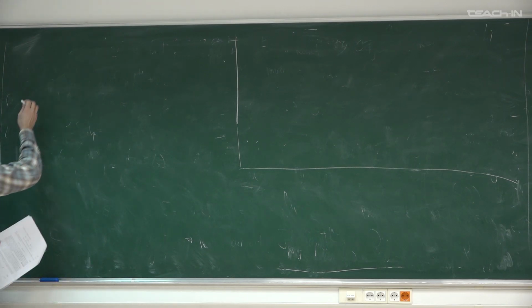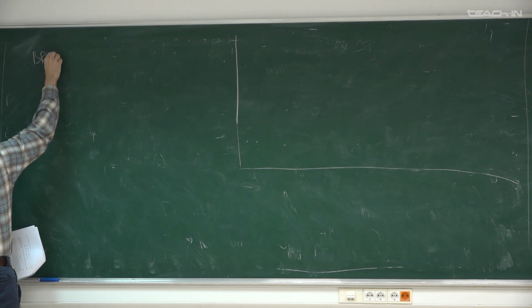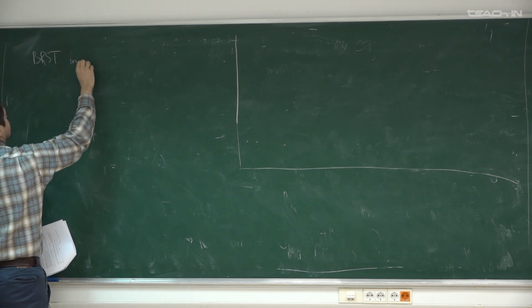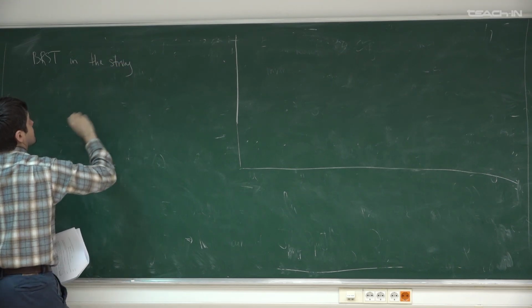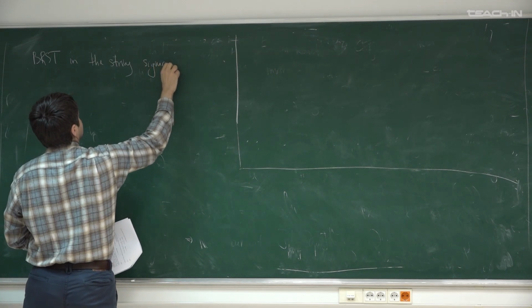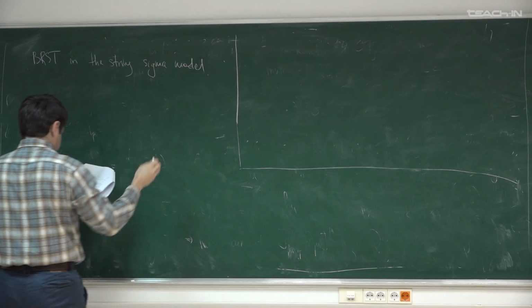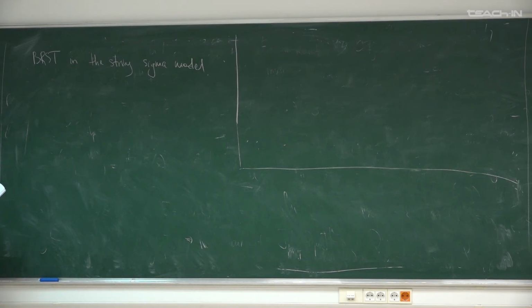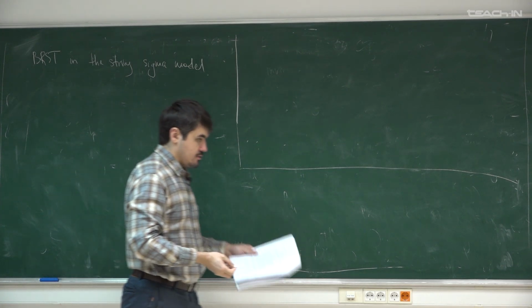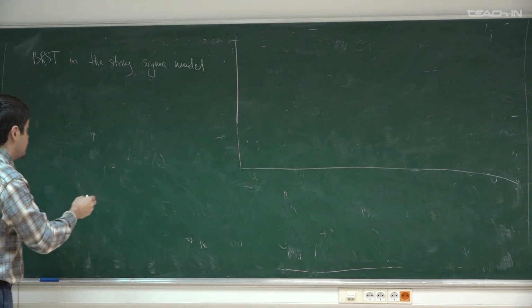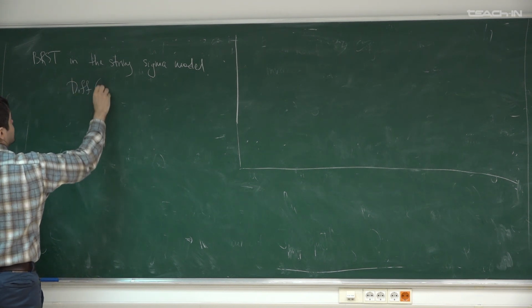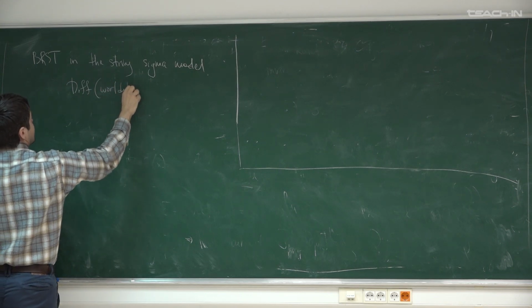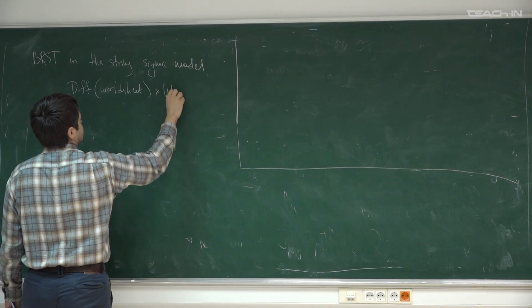So, BRST symmetry in the string model. First of all, our gauge group in this case is the group of diffeomorphisms of the worldsheet times the Weyl transformations.